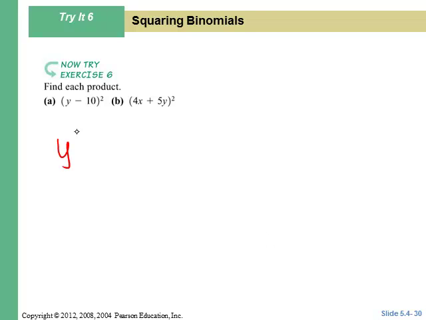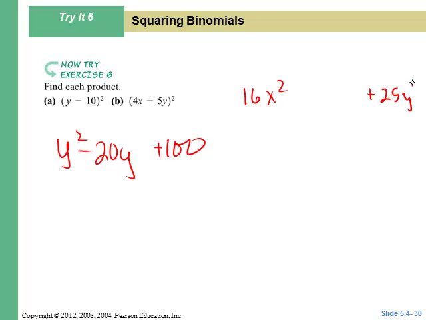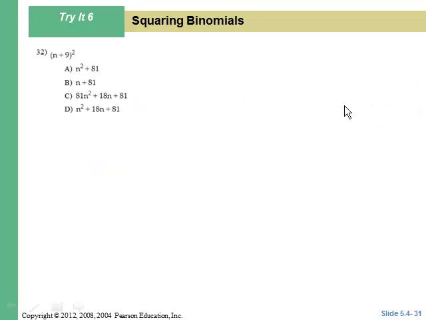So this will be y squared minus 100 or plus 100 minus 20y. 16x squared plus 25y squared plus 4 times 5 times 2 is 40xy. N squared plus 81, this times 2 is plus 18n.